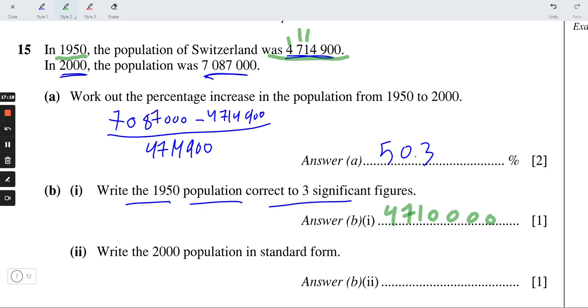Okay, write the 2000 population in standard form. The 2000 population is this number, 7,087,123.